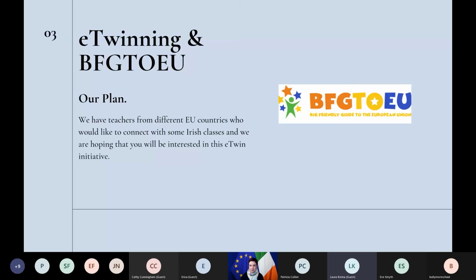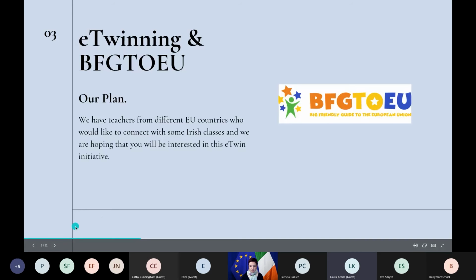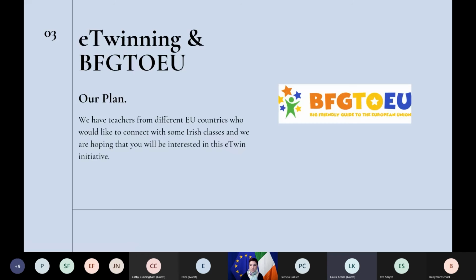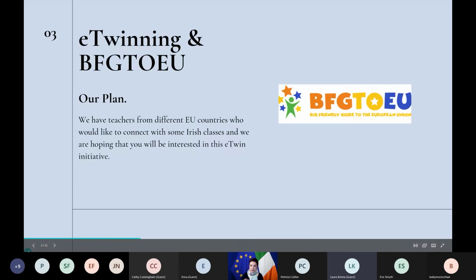We just thought it would be a lovely way, if you were already going through the BFGTOEU program with your class, that this is just an extra element and an extra little bonus. You're already going to be doing the activities, and you can share some of those activities with a similar age class. So if you have a third or fourth class, we can connect you with perhaps a third or fourth class in Barcelona or in Croatia. And I think we actually had somebody from Hungary join up today too, Emmanuel.